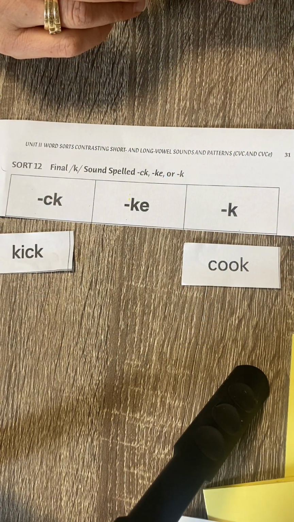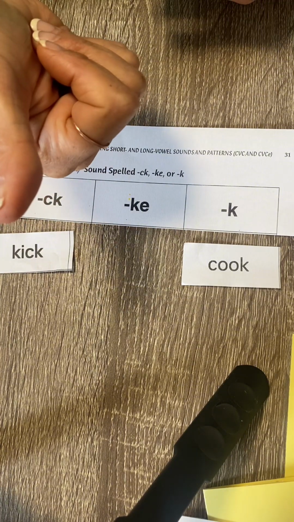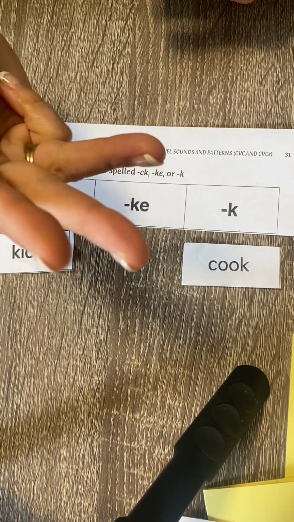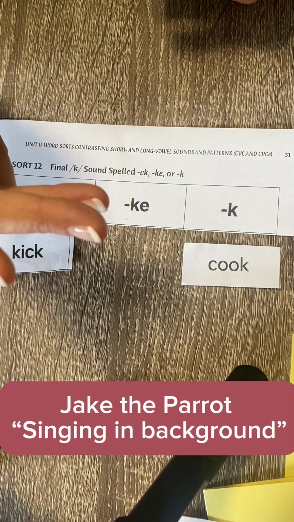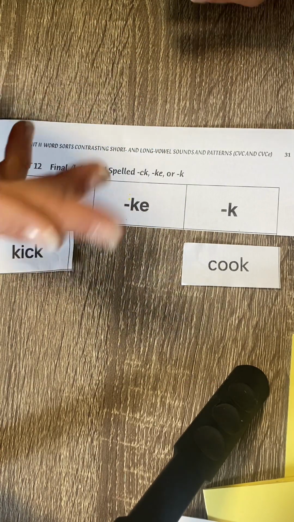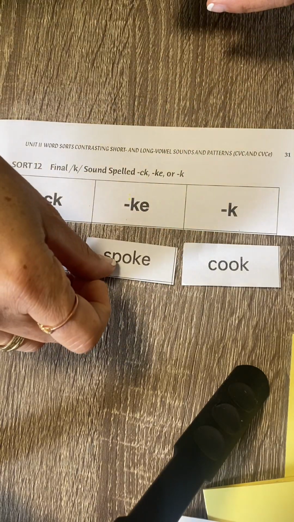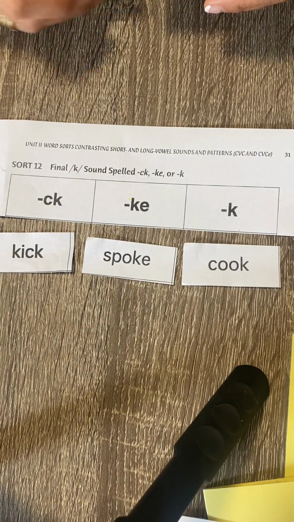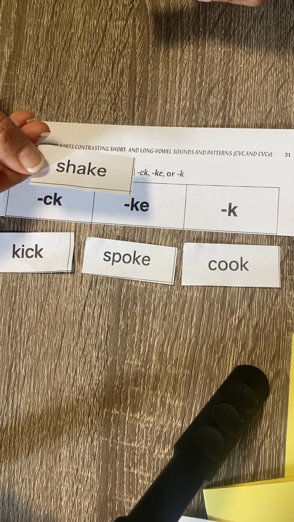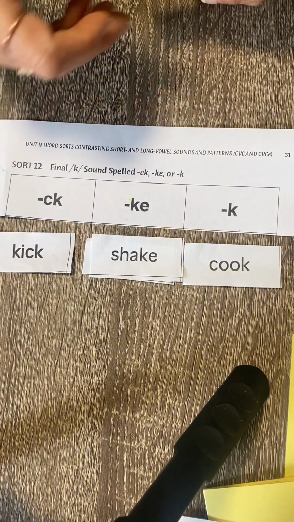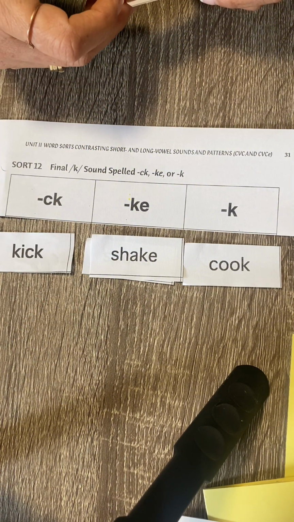Next word. Spoke. O. All right, that's a tricky one, but it's a vowel consonant E, so it's going to be okay. How about shake? Okay. How about sick?